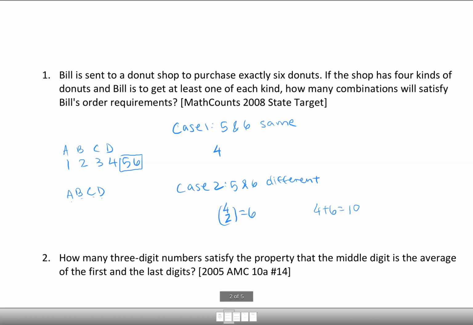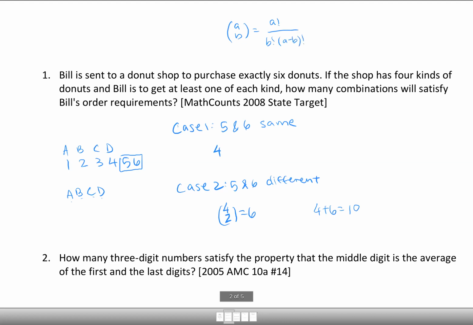So do you guys understand what choosing means? Because if we don't, I can go over that really quickly. Okay, so A choose B is essentially A factorial over B factorial times A minus B factorial.